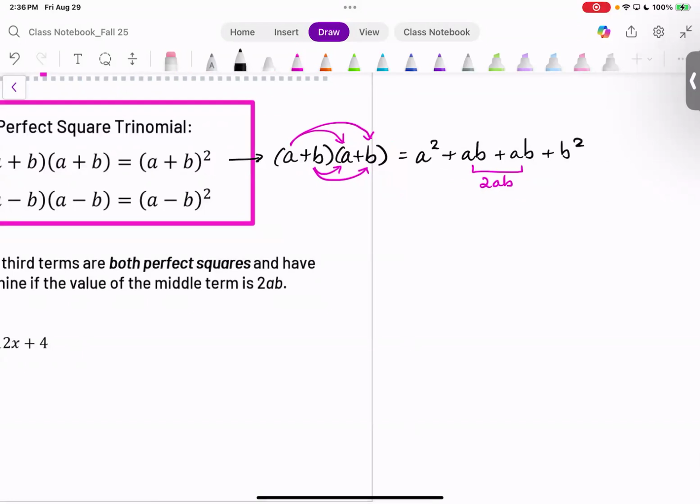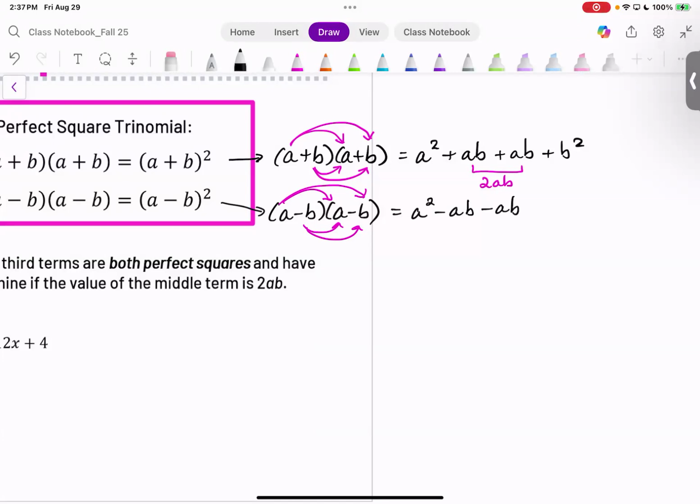The same thing sort of happens here if I had A minus B times itself. If I multiply this out, I still get a positive A squared, and then I have minus AB times minus AB.